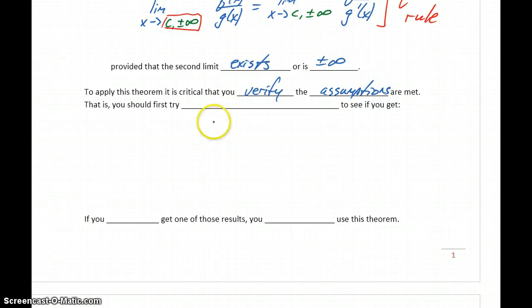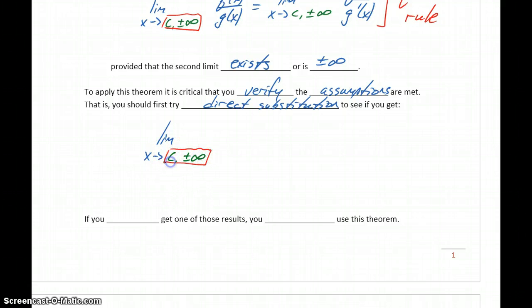So in order to verify those assumptions, what we want to do is first start off by trying direct substitution to see if we can get the limit as x approaches c, or again, x could be headed to either positive or negative infinity, so we have a couple of different types of problems there.